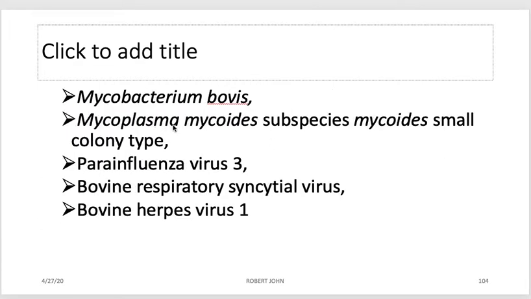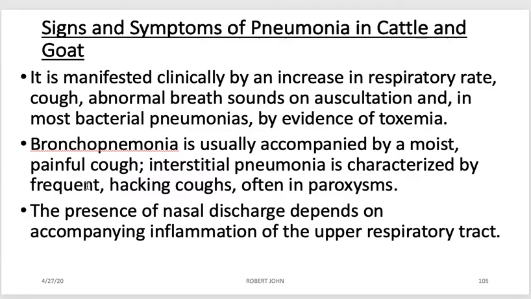Others are Mycobacterium bovis, Mycoplasma mycoides, parainfluenza virus, bovine respiratory syncytial virus, and bovine herpesvirus type 1. So all these microorganisms can cause pneumonia in cattle.